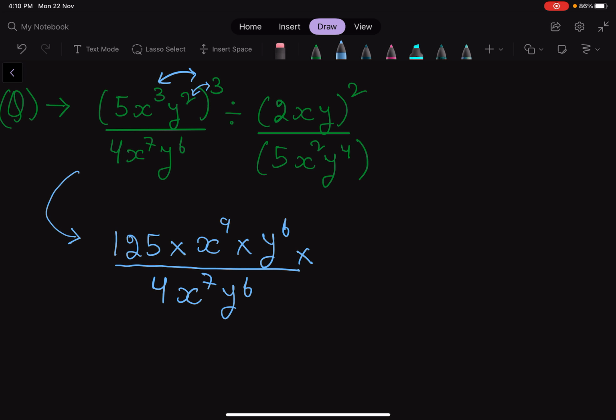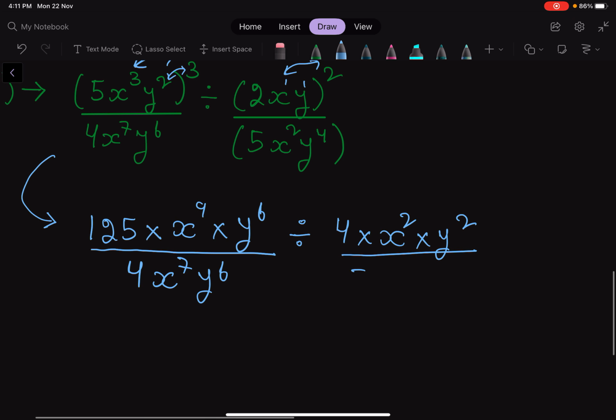multiplied by, you open the bracket, 2 square is 4, so I'm sorry, it's division here actually, so it's divided by, so 2 square is 4 multiplied by x square, so there the power is actually 1 and 1, so you multiply 1 by 2, it's 2 multiplied by y power 2 divided by, nothing to do here, 5x squared y power 4.